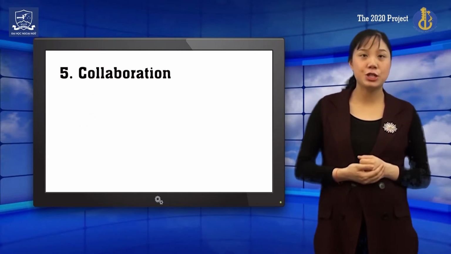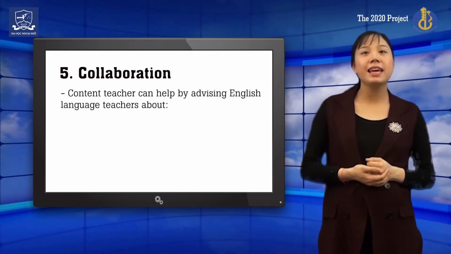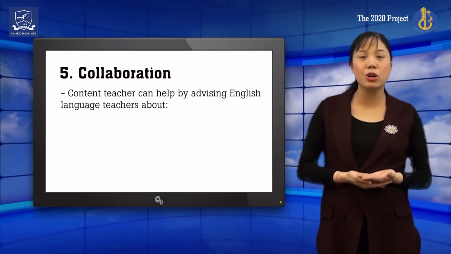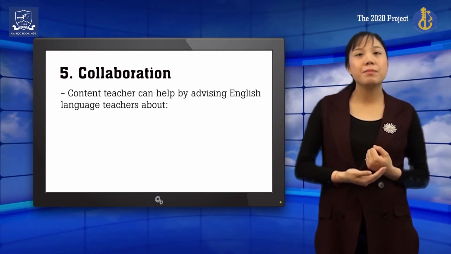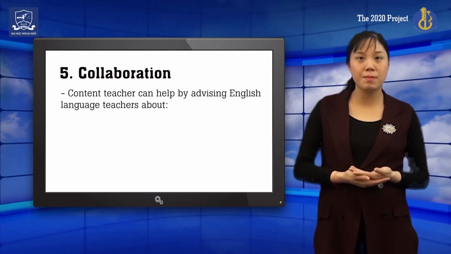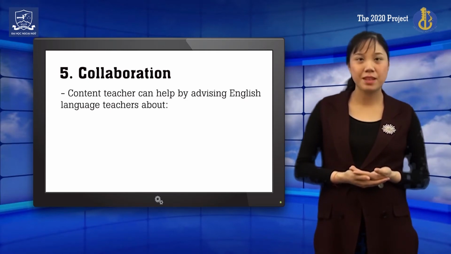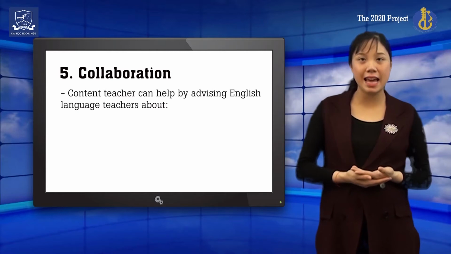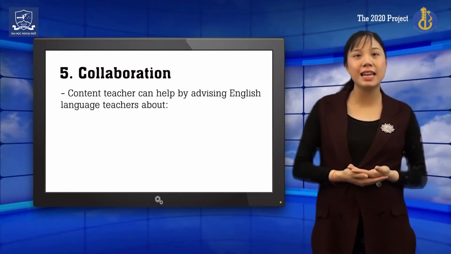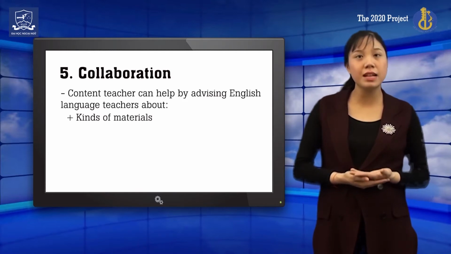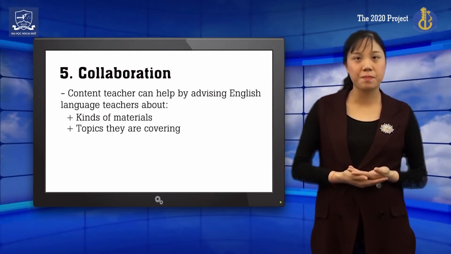5. Collaboration. The English department can support learning in other subjects taught through English by becoming better informed about the language demands students face in other lessons. Content teachers can help by advising English language teachers about the kinds of material and topics they are covering.